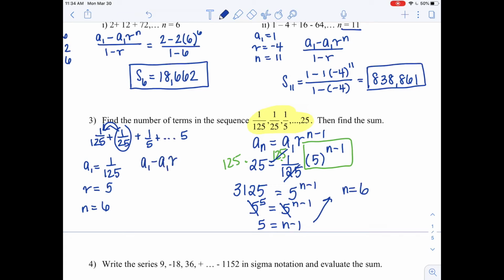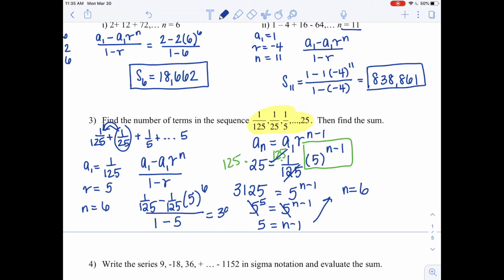So I go back to my sum formula. Okay, I now have how many terms I'm working with. And so then I can say, okay, I'm doing a1 minus a1 r to the n all over 1 minus r. So I have 1 over 125 minus 1 over 125 times 5 to the 6th power, all over 1 minus 5.